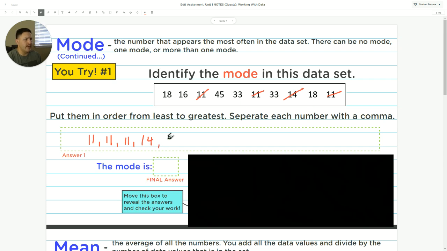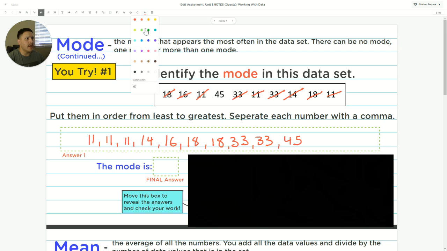And then 16. See 2 18s. I see 2 33s. And then I see 45.